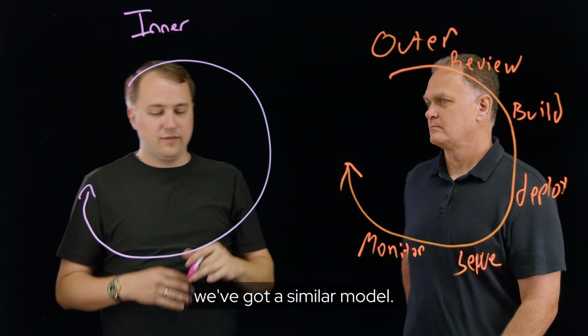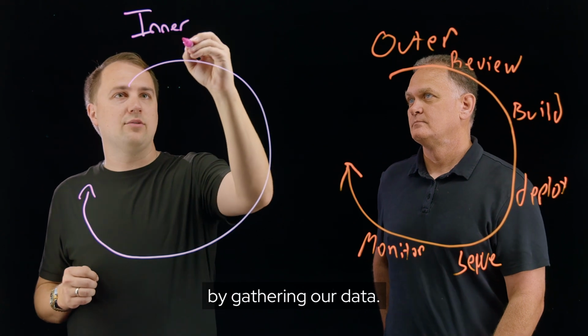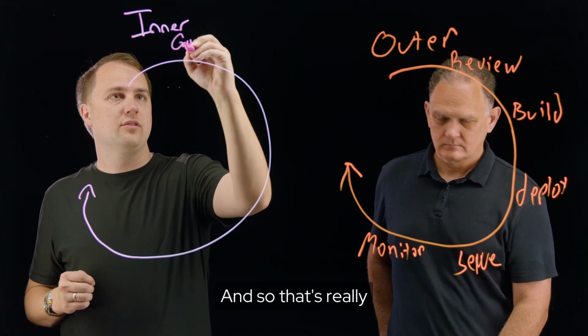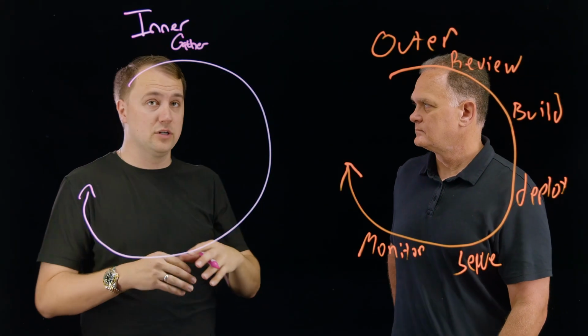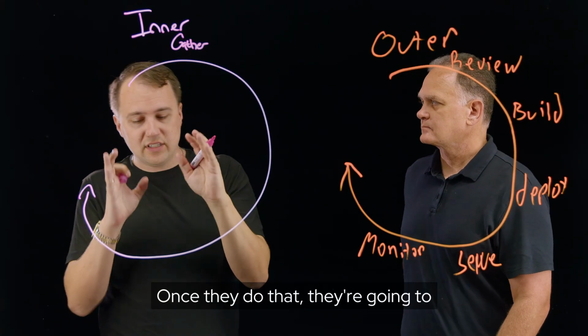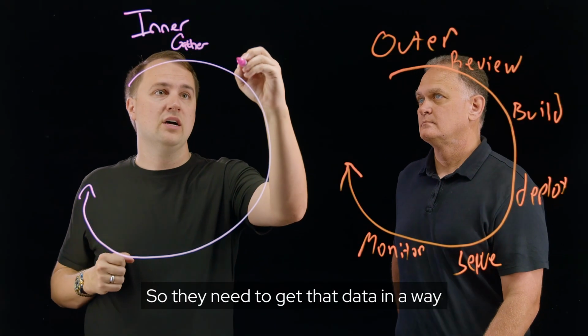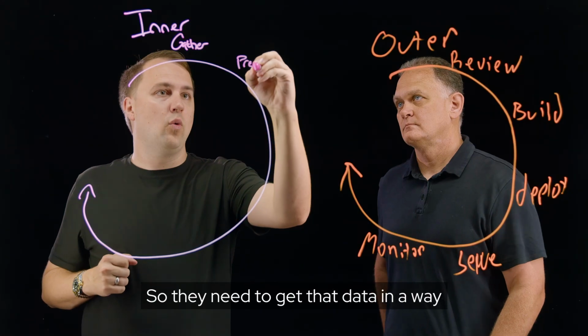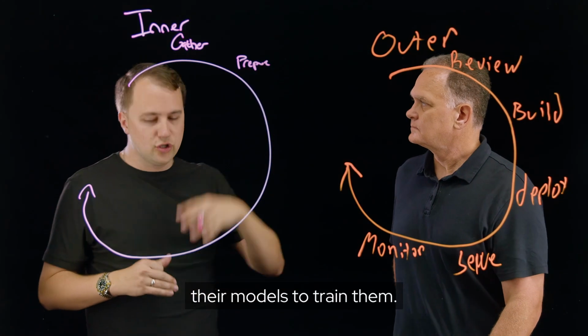Now, with the inner loop, we've got a similar model, right? We're going to start by gathering our data. That's really important because ultimately, for data scientists, that's their focus, right? They're going to gather the data. Once they do that, they're going to prepare that data, so they can then utilize it inside of their models to train them.